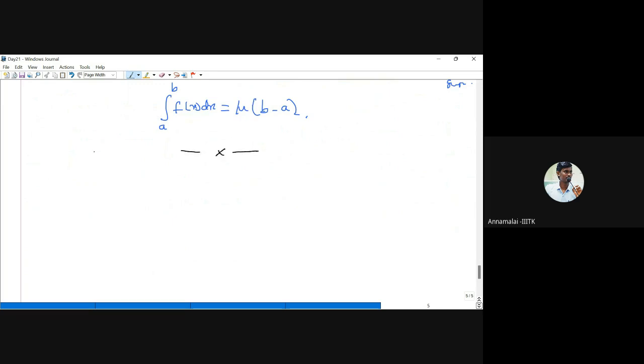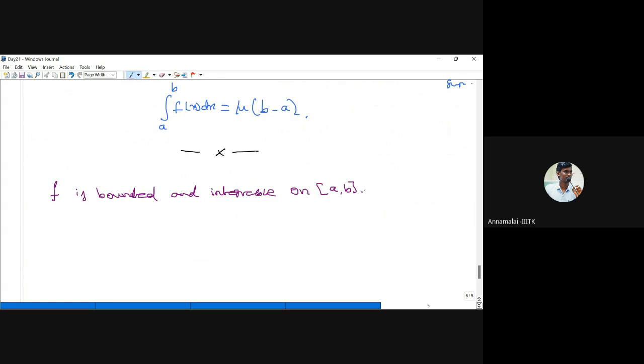Suppose f is a bounded and integrable function on the closed interval a comma b.